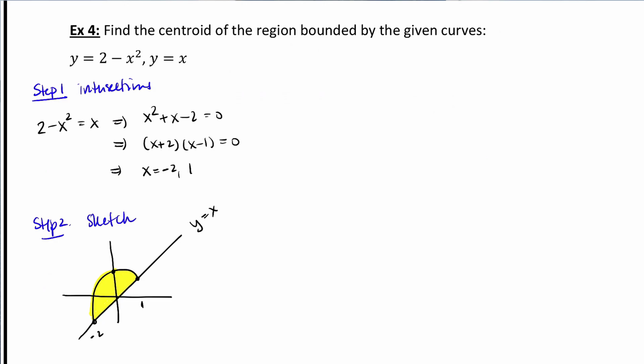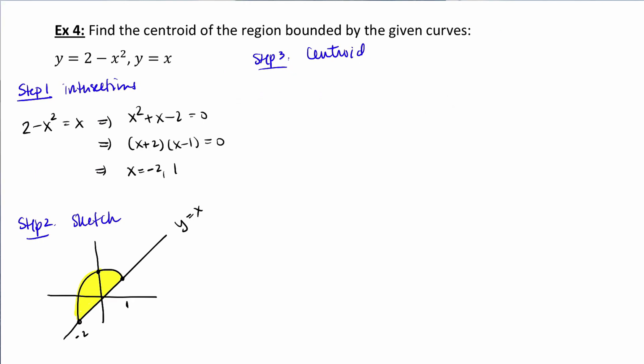Okay, so now for my third step, you can just compute the centroid. So step 3, centroid. And then again, I know that you hopefully know the formula now, but x bar, the x coordinate, is equal to the integral from a to b of x f of x dx over the integral from a to b of f of x dx, which again is just the area.